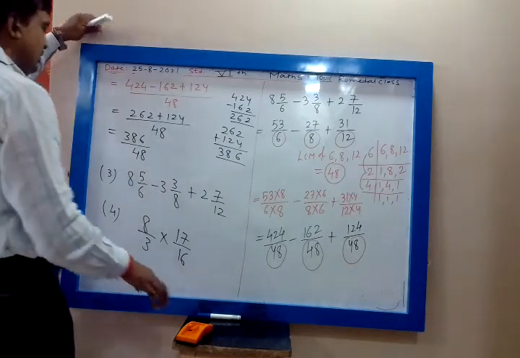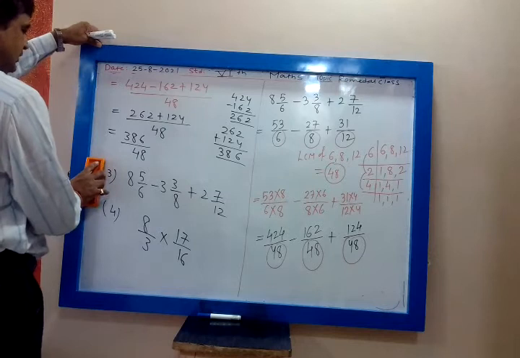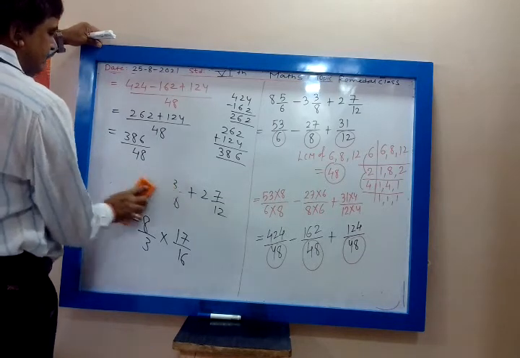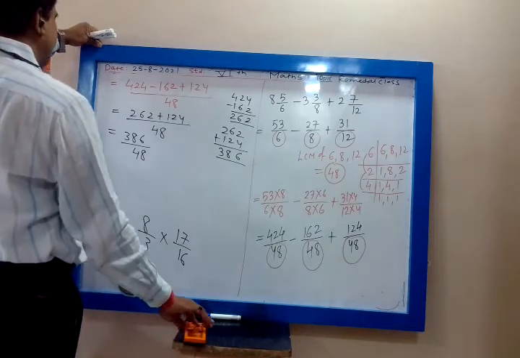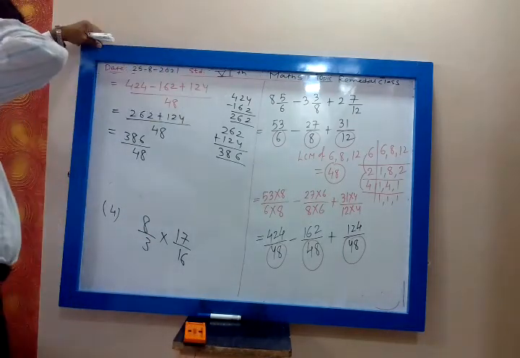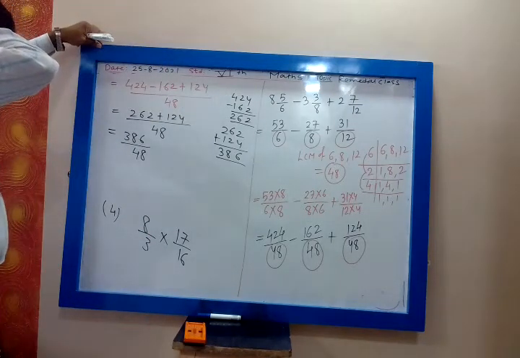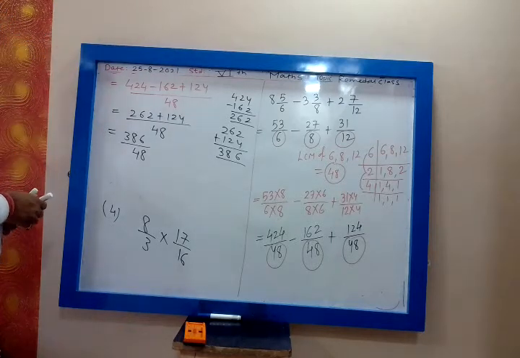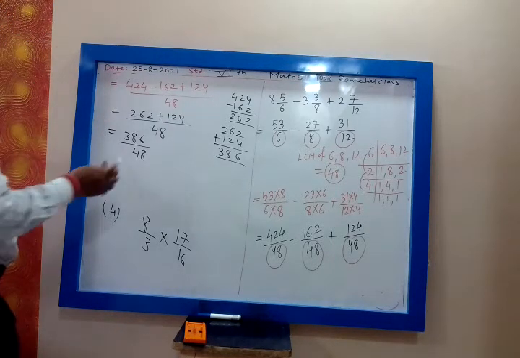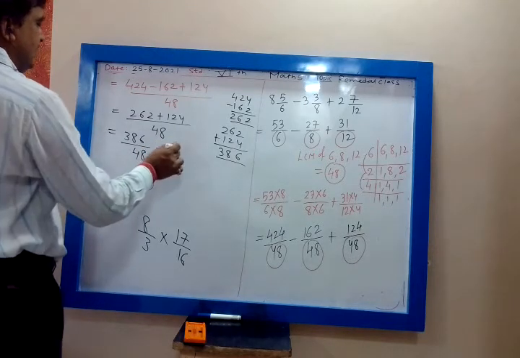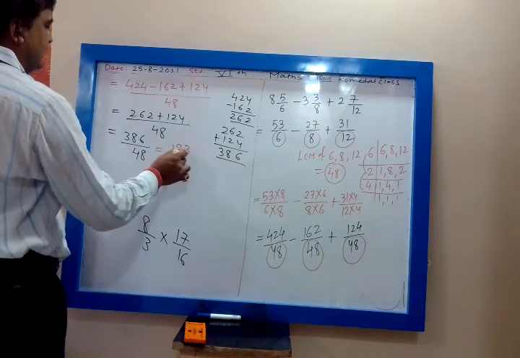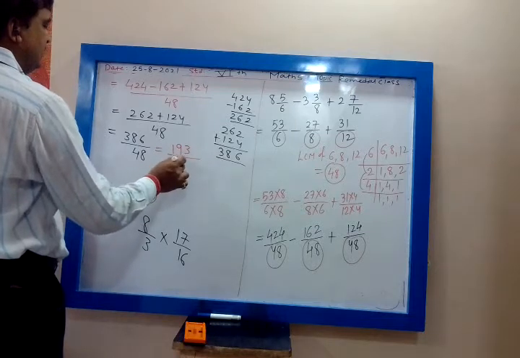But this is not in the lowest terms. There are few terms you can cancel. You can cancel them by 2. So 2 1s are 2, 2 9s are 18, 2 3s are 6. 193 upon 24.